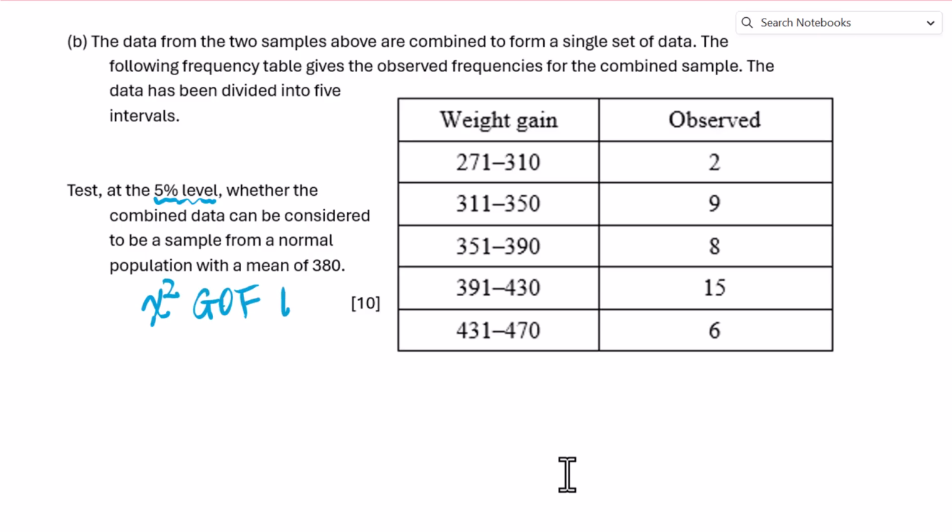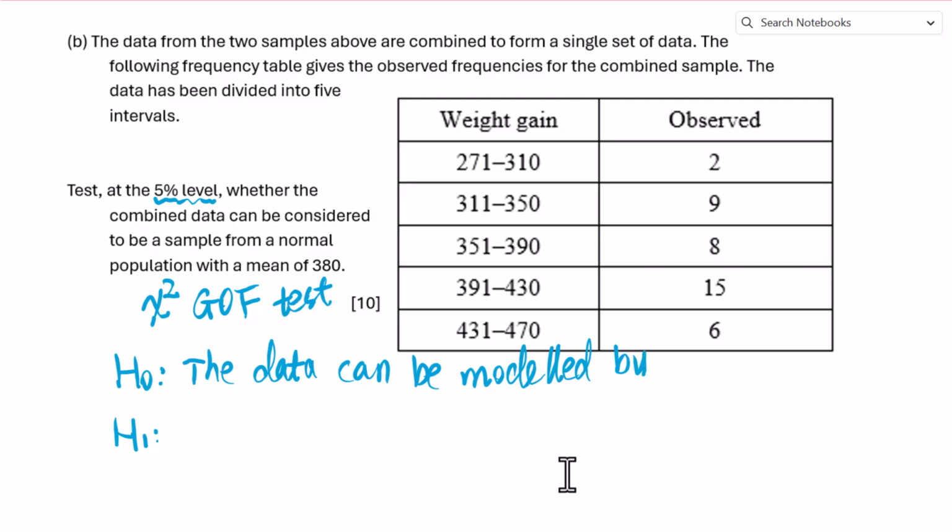H0, the data can be modeled by normal distribution with 380 and sigma squared.